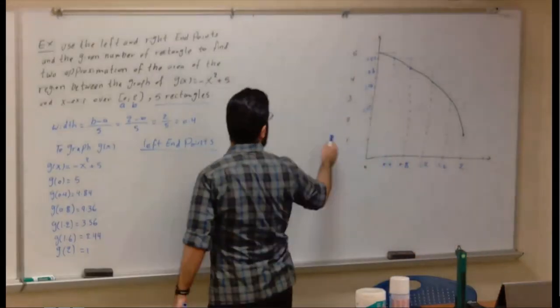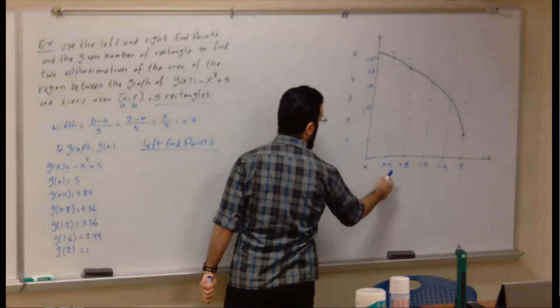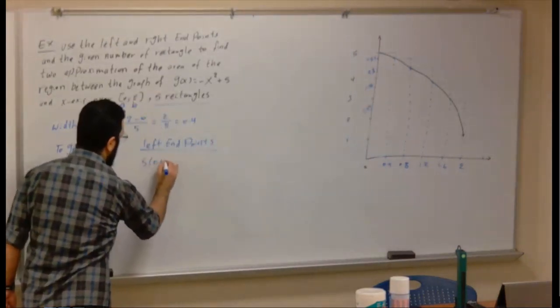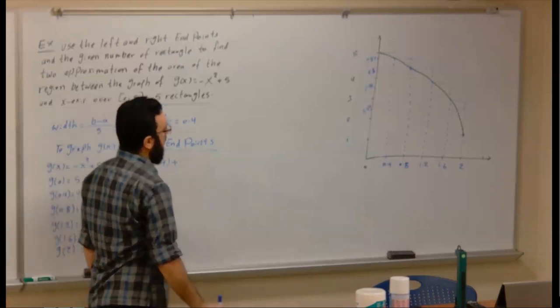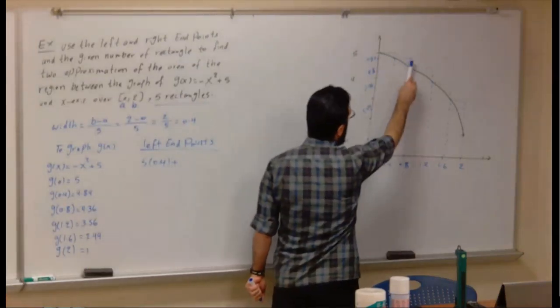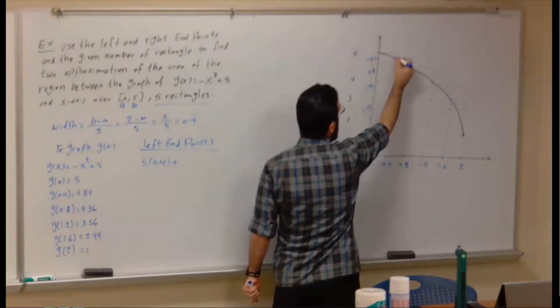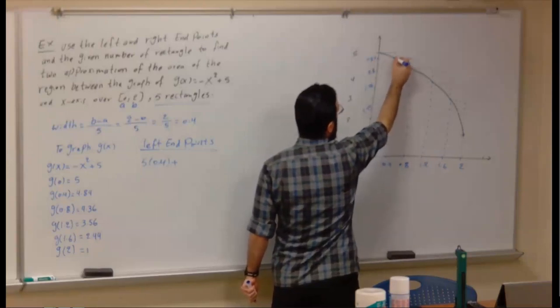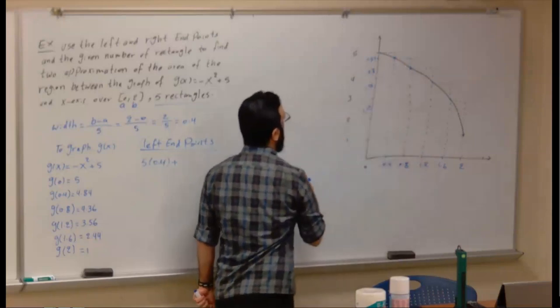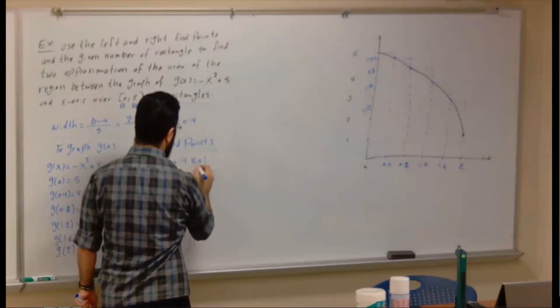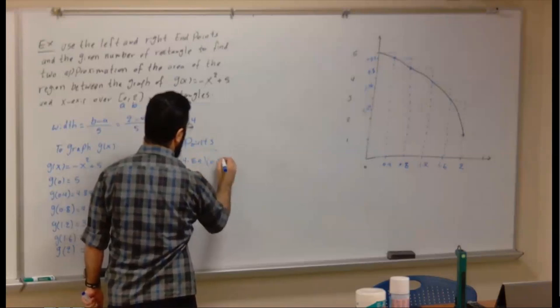So that means 5 times 0.4, plus the length of the second rectangle, which is at this point, 4.84. That means it's going to be 4.84 times the width, which is 0.4.